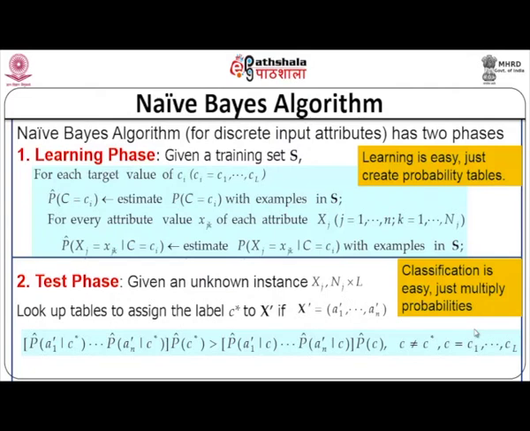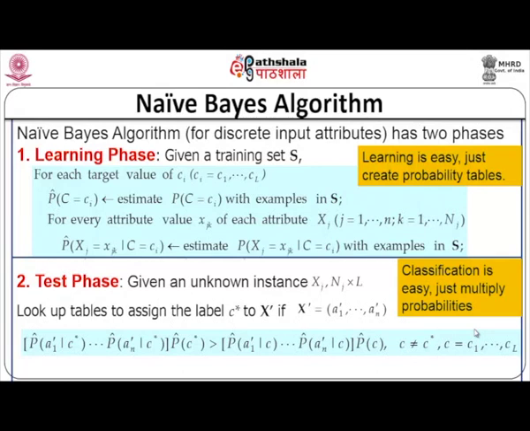Now, the naive Bayes algorithm for discrete input attributes has two phases: a learning phase and a test phase. The learning phase is used for finding the likelihoods and the priors, and the test phase is used to find the actual classification. For each target value, that is for each class, you estimate the prior probability of that class in the sample set.